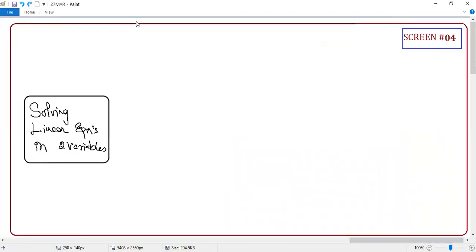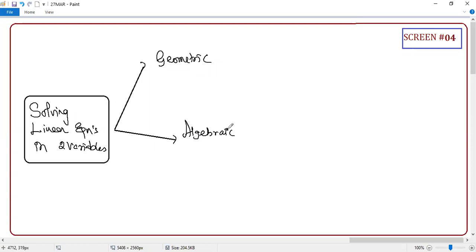Now, what are the methods you are going to learn? In general, for solving linear equations there are two approaches. One is the geometric approach, and the other is the algebraic approach. Under geometric, there is a method called the graphical method.